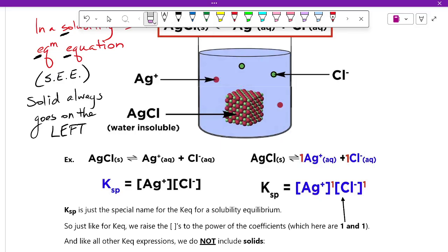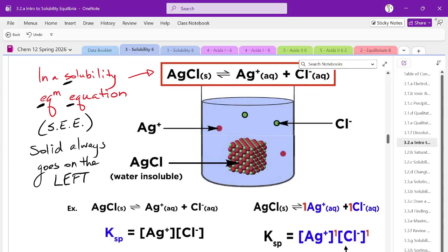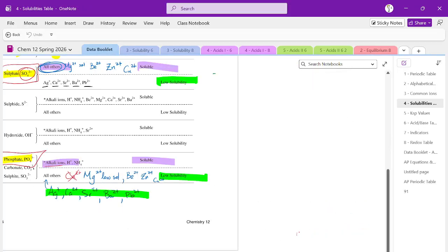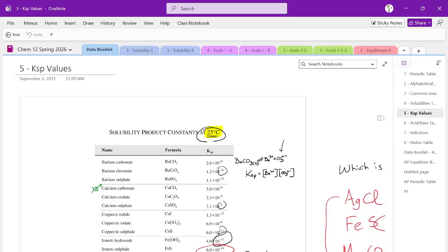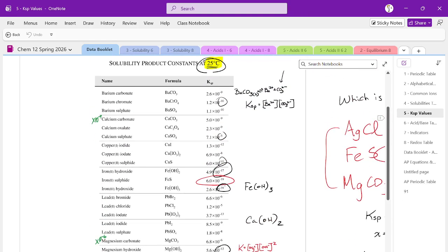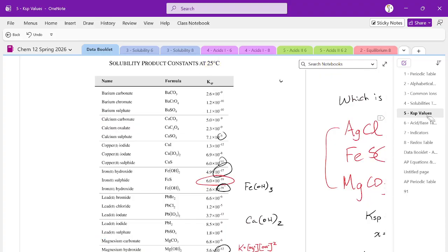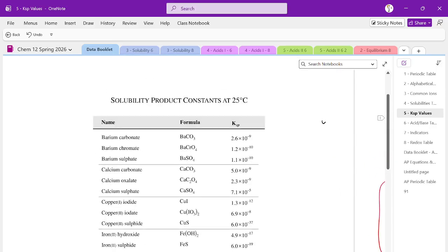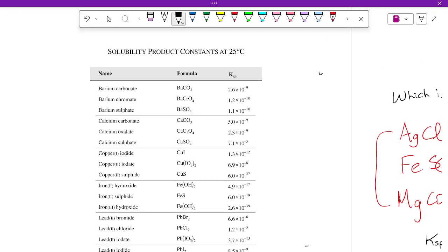It makes our math more simple, and it means that we can all use a table of Ksp values, which you will find on page 5 of your data booklet. So grab your data booklet, take a look at page 5. All these values are based on the fact that the solid is on the left.